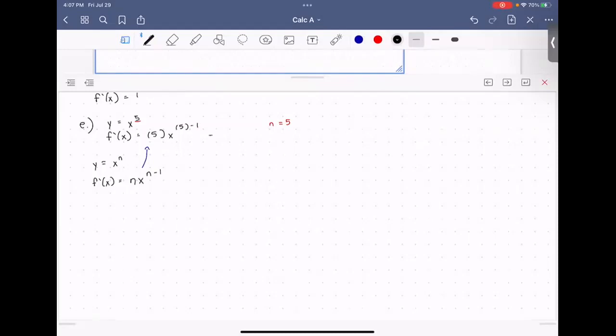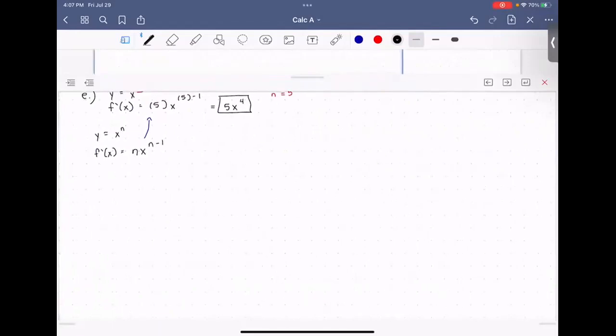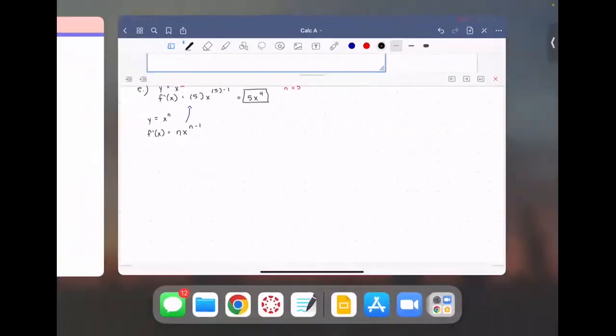Okay, and we can simplify this further because 5 minus 1 is 4. So the derivative of x to the 5th power is going to be 5x to the 4th power. Let's just go ahead and box that to make it simpler for everyone.